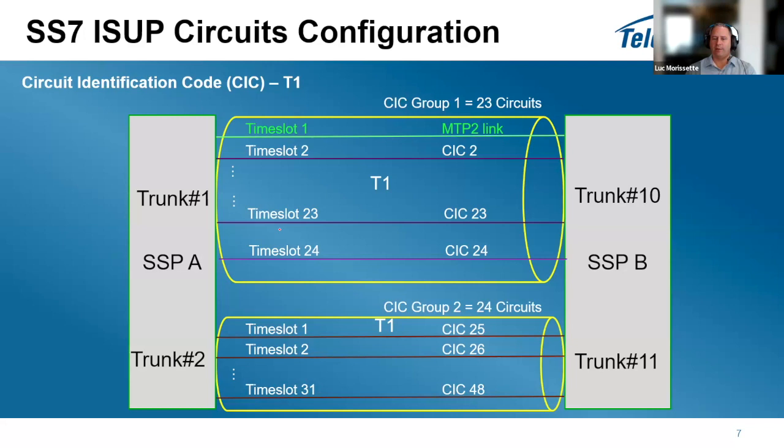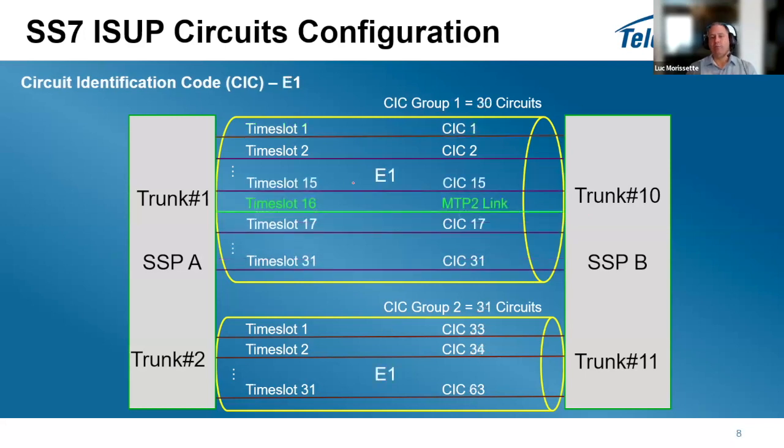It could be another time slot, for example, time slot 24. You could have multiple time slots being used for MTP2 links in one T1. In an E1 configuration, then normally it is time slot 16 that is being used to carry the MTP2 link. But then again, you can still have more MTP2 links for carrying more bandwidth between endpoints.